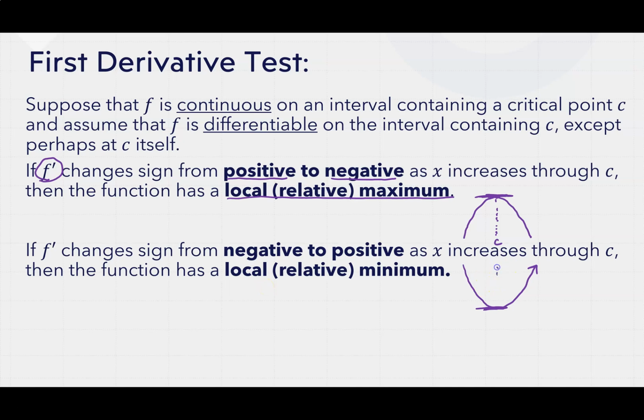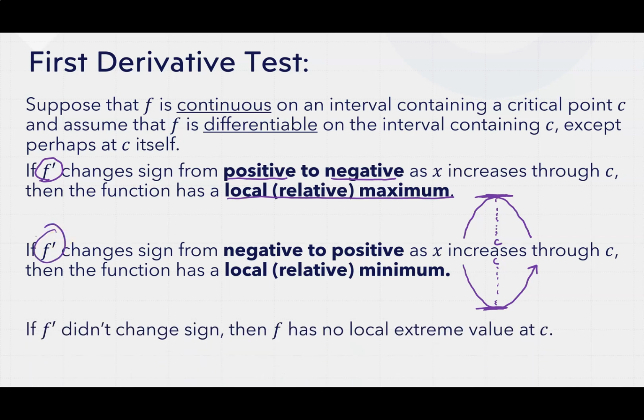Okay, so again, this would be where your point C would be, right? Now, what if your derivative doesn't change in sign? If the derivative didn't change sign, then we don't have a local extreme value at C. It's neither a maximum nor a minimum.